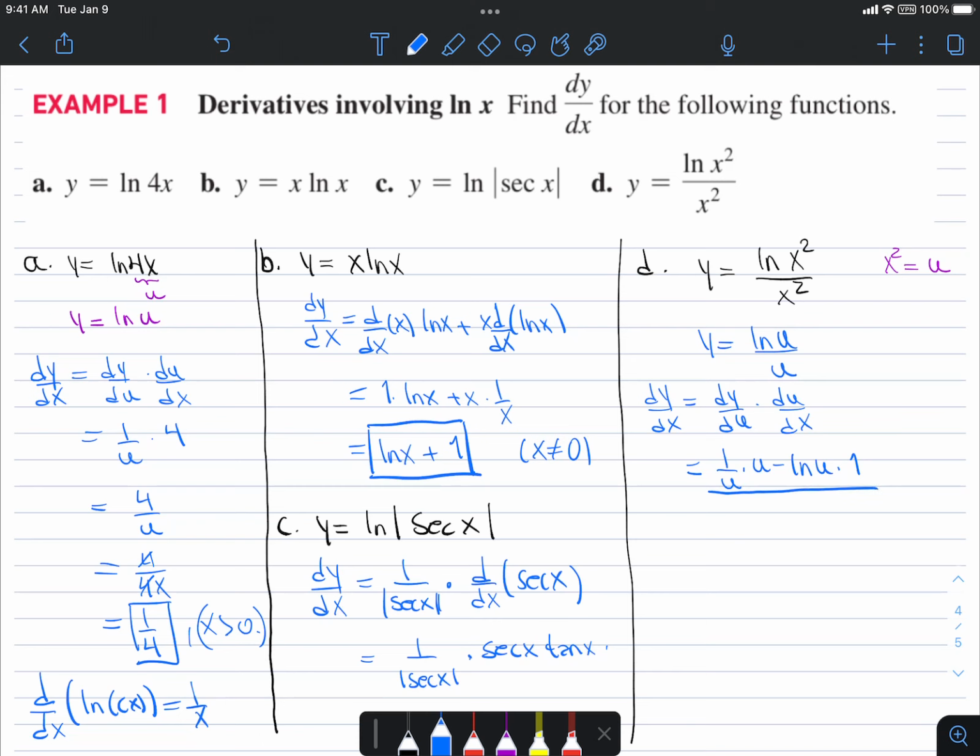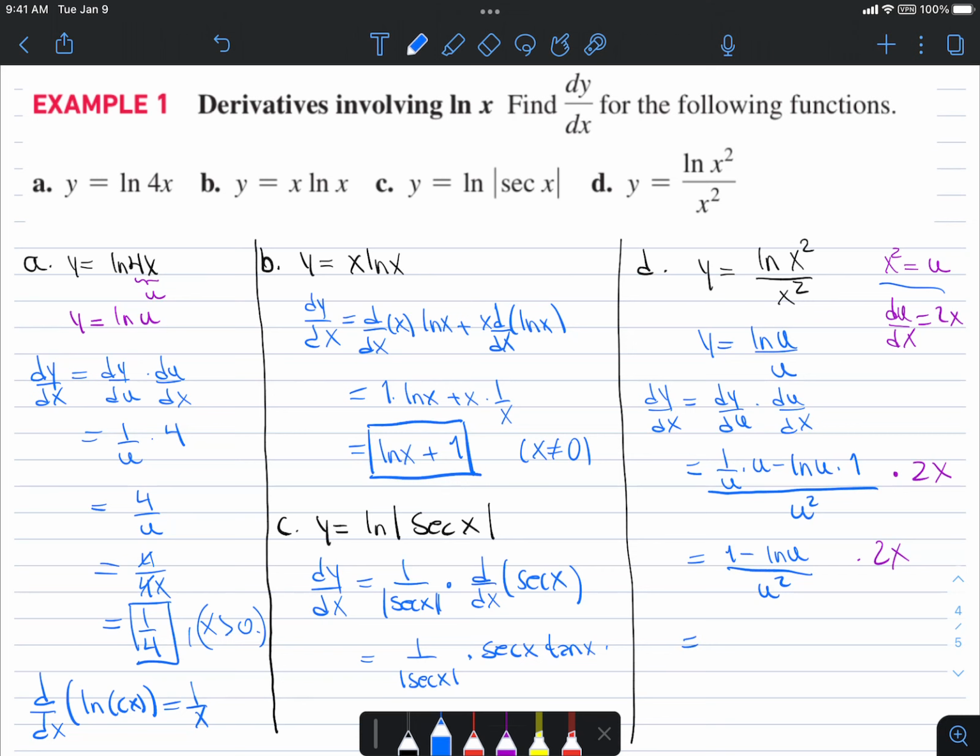All that divided by the bottom squared, so u squared. So now that's 1 minus ln of u over u squared. That's only this first term. Now I still have to include du dx, and since u is x squared, that's 2x. So then that goes as 2x.